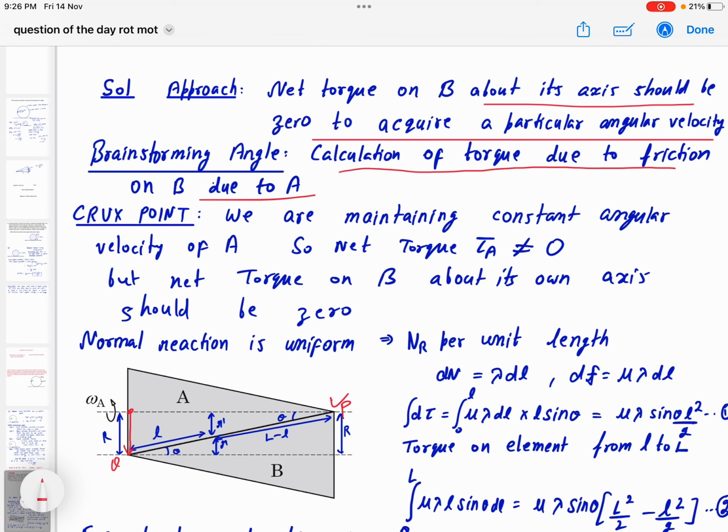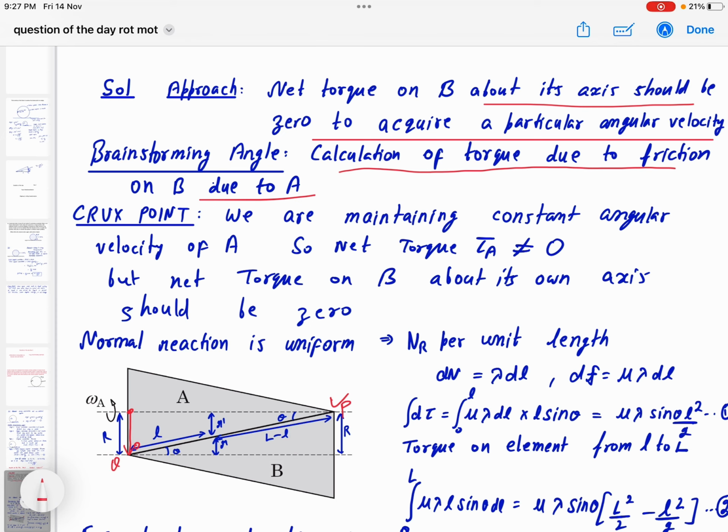Suppose it's rotating in the shown direction. At point Q, the velocity of the point is up the plane for cone A, but for cone B, the velocity is up the plane but very small. So the frictional force acting on B is up the plane.